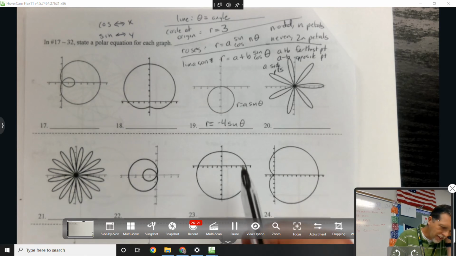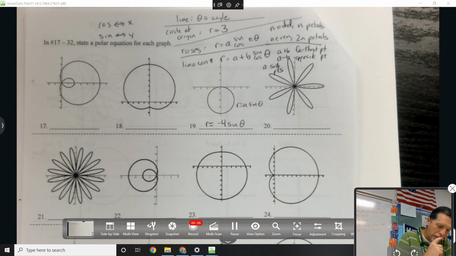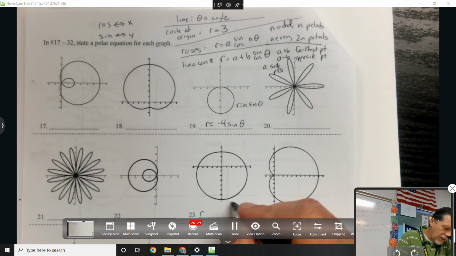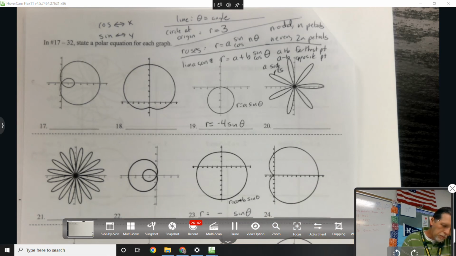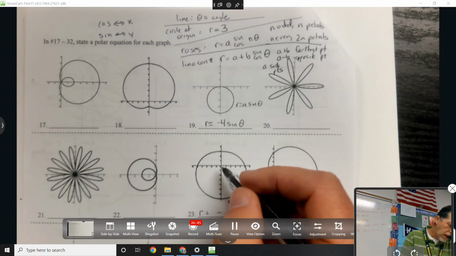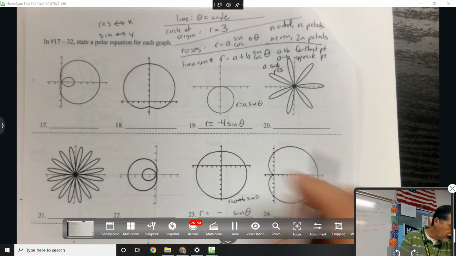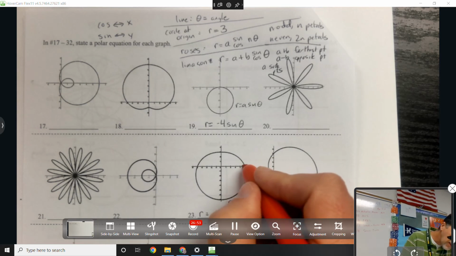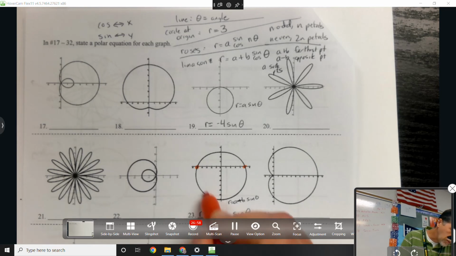Let's see. So that's not a circle. That's because it's kind of pushed in over at the top. So that's r equals a plus b sine theta. In fact, it would be minus sine theta because it's pointing down. Okay, so the a plus b part, you know what? Do the a part first, right? That was the easy part. The sides. It goes 5 out on either side, so that's the first number.